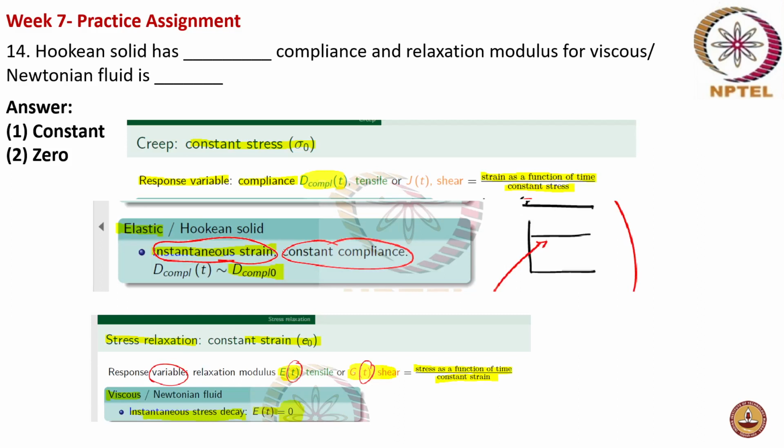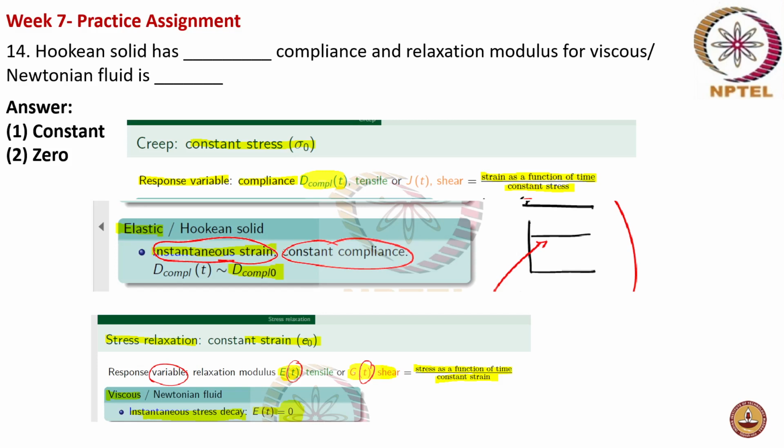So this is how you arrive at this. There is an instantaneous strain for the stress applied. So the compliance as a function of time is equal to the initial compliance, and then it is maintained. Similarly, the relaxation modulus comes in the concept of stress relaxation, where a constant strain is applied and stress is identified as a function of time.